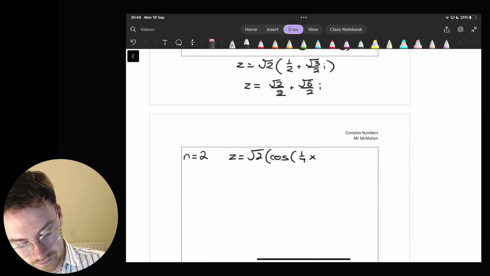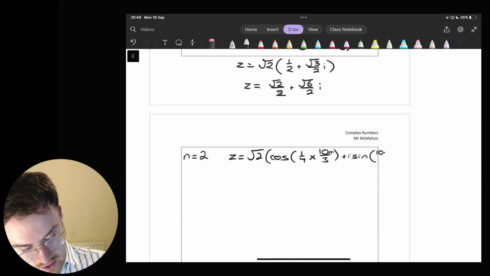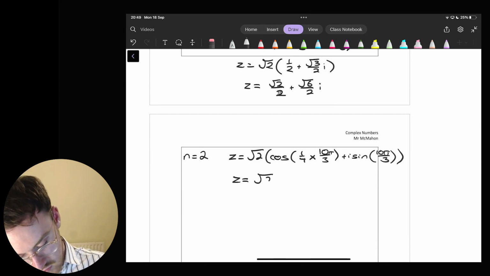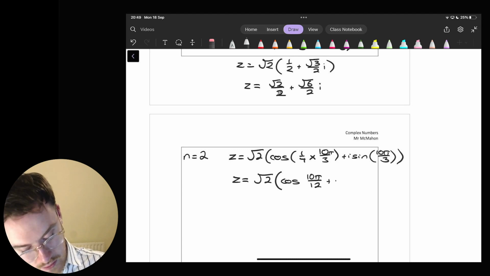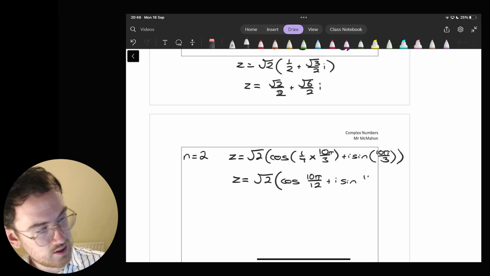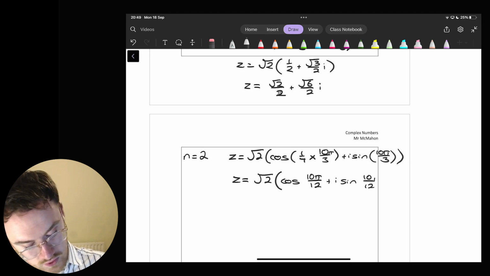So 10 pi over 3 plus i sine 10 pi over 3. So we get z is root 2, let's keep going, cos 10 pi over 12 plus i sine 10 pi over 12.